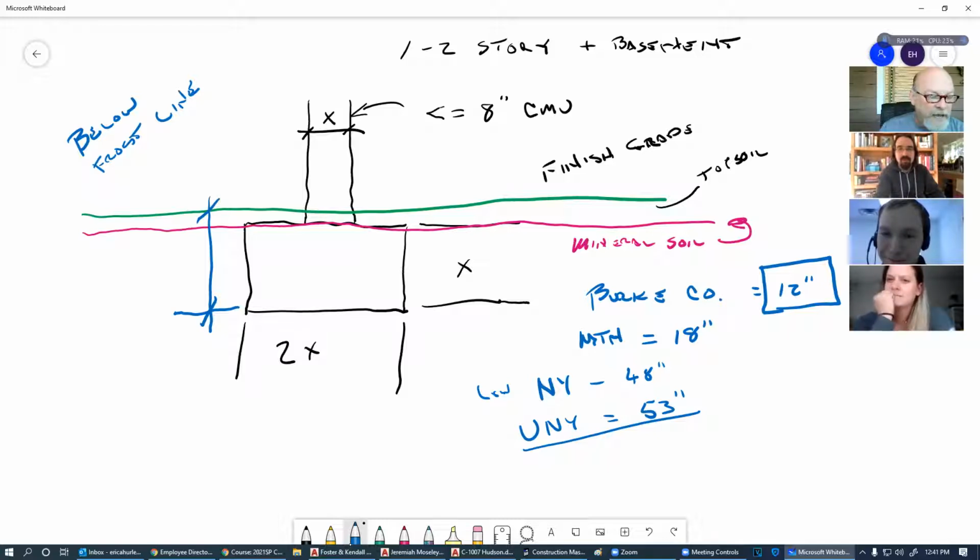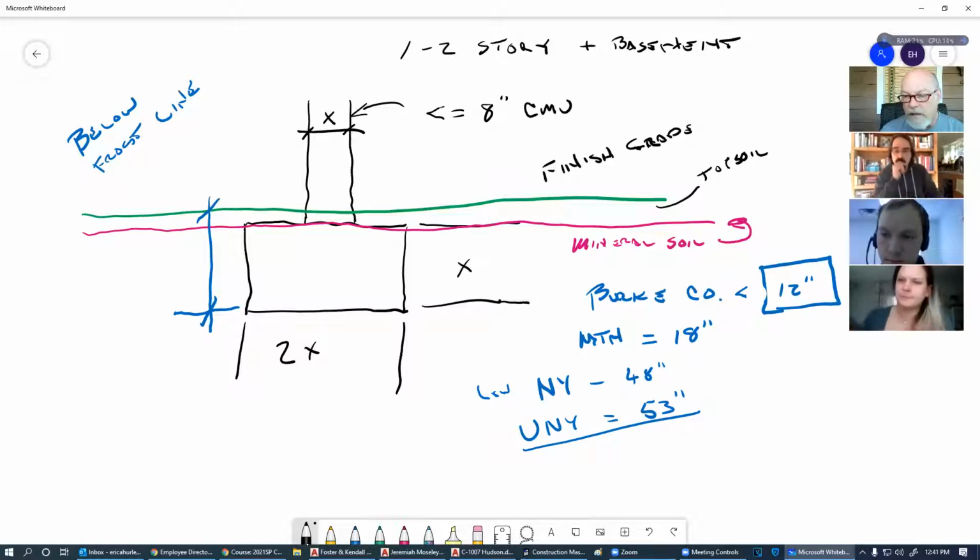So for the biggest thing here, we have to be greater than, and let me just get rid of the equal to, because really if you're just equal to, you're probably going to get turned down. The building inspectors like to see this deeper than 12 inches.